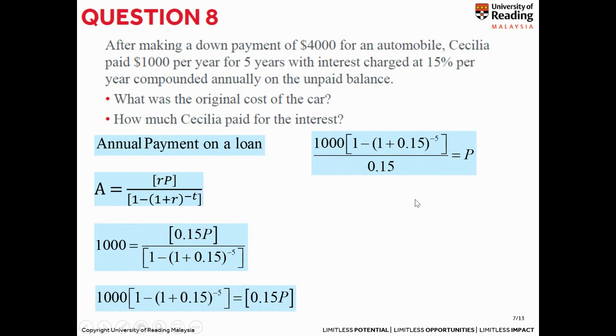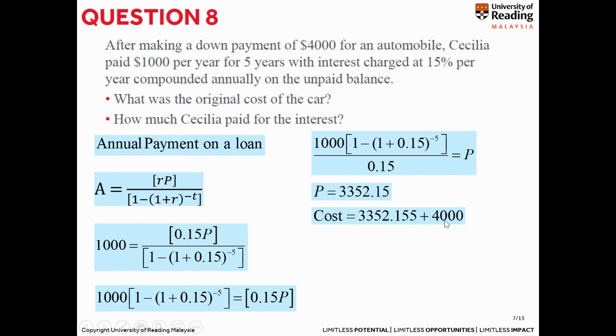You need to put in all the values in the proper sequence into your calculator. You do not want to do it in one go. You may do the numerator first, then divide by 0.15. Your answer should be 3,352.15. So this is the amount that Cecilia borrowed after paying 4,000.